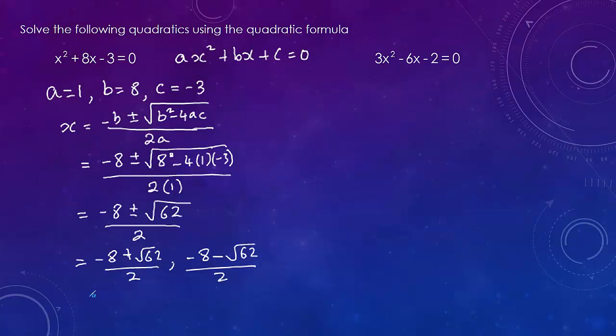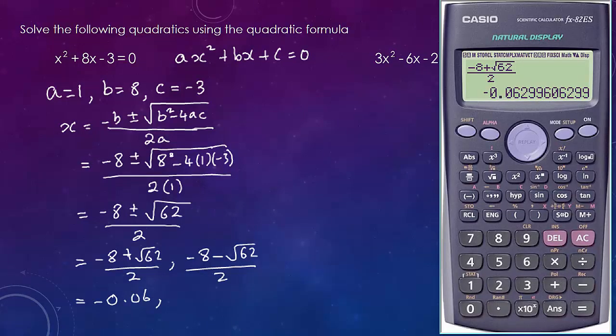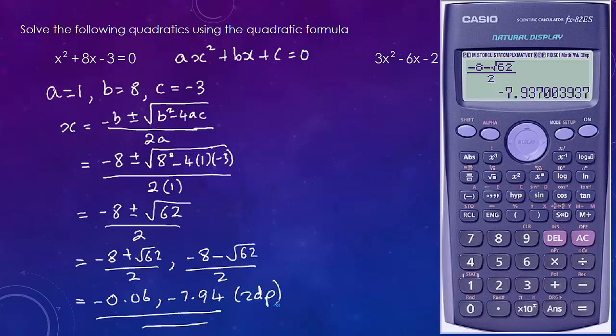Then we just need to go back and edit the middle there into being a minus, and that gives me negative 7.94, giving my answers to 2 decimal places.